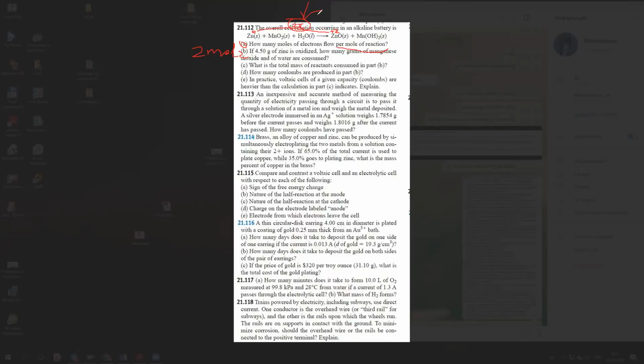No. 2 mole of the reaction. It means 2 mole of each reactant. Here, 1, 1, 1. How many moles of the electrons flow? 2 moles of the electrons flow. So, can you solve the B?